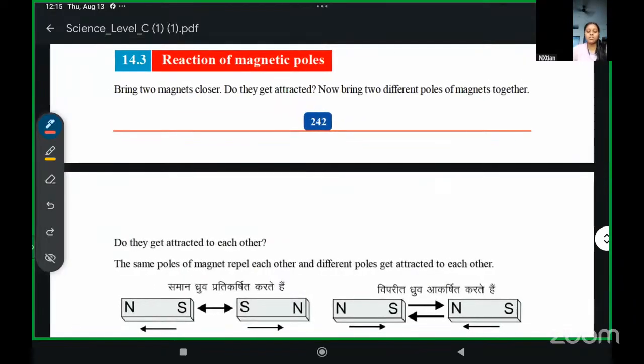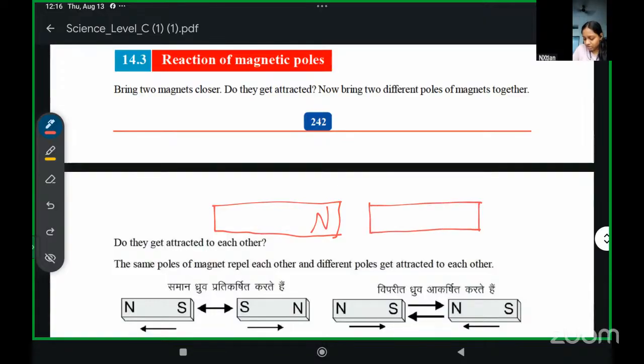Now, talking about the reaction of magnetic poles. Every magnet has two poles, one is south pole, one is north pole. If you are bringing two magnets and keeping the north pole of this magnet and the south pole of this magnet close, what will happen?